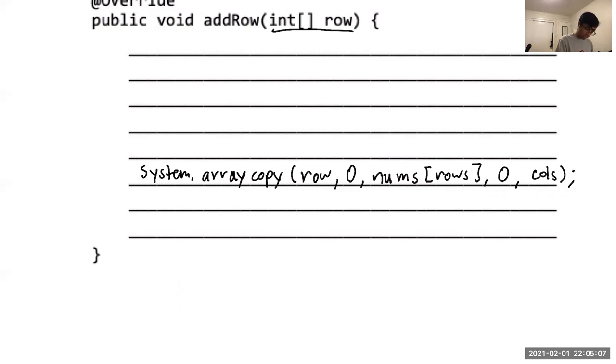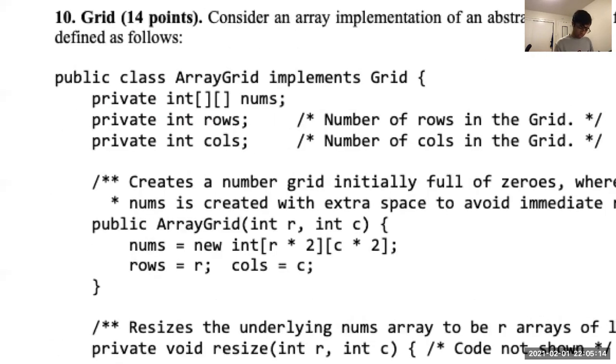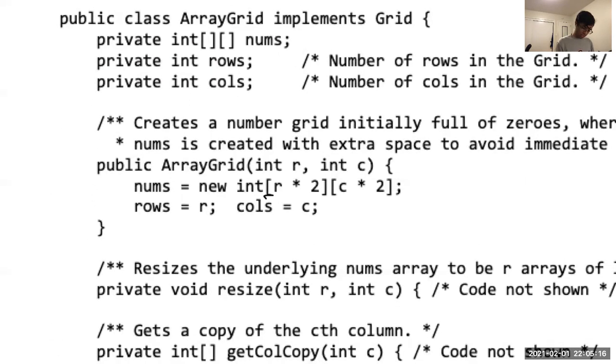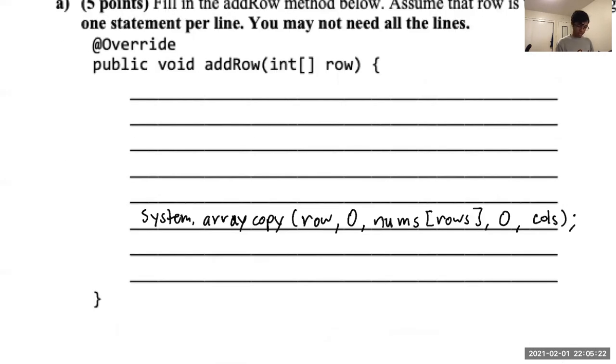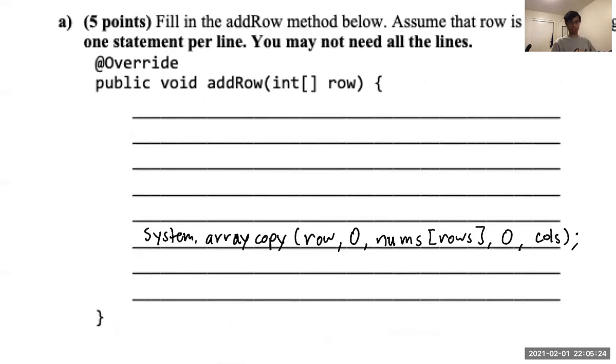The way we do that is we first want to check if it's going to be out of bounds. When we made the constructor, we already kind of went over this: we were given some extra rows to play with. So technically for that, rows wouldn't be out of bounds. But if we are at the very last row of our 2D array and we need to add a completely new row, we need to resize to account for that.